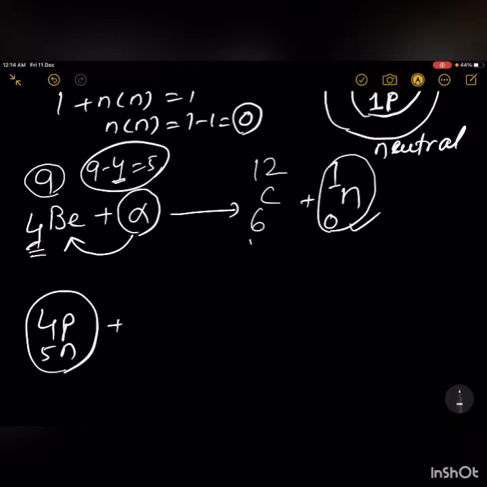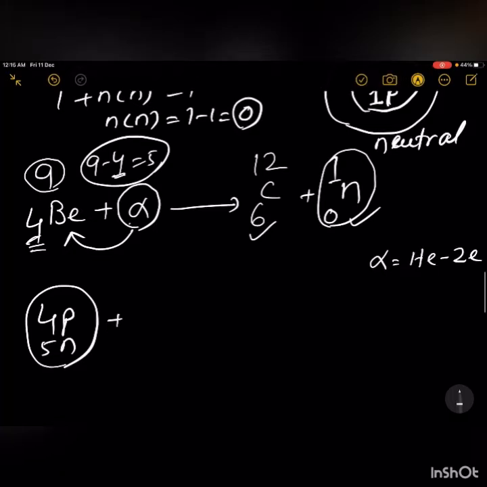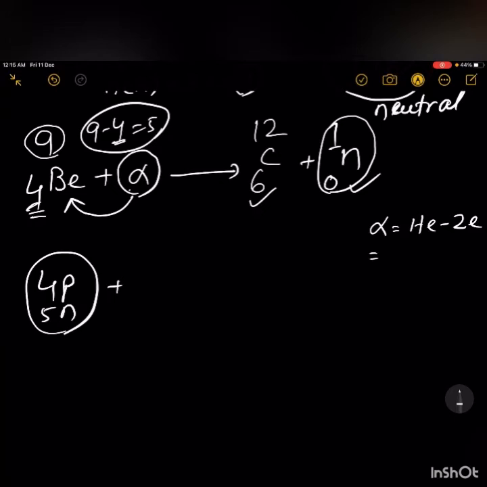What is alpha particle? Alpha particle is helium atom without 2 electrons. Helium has 2 protons, 2 neutrons and 2 electrons. When 2 electrons are removed from helium, in case of alpha particle, number of protons and neutrons are 2 protons and 2 neutrons.